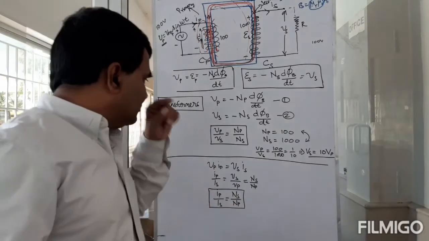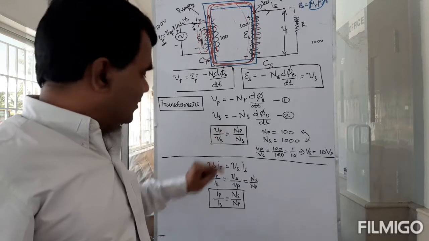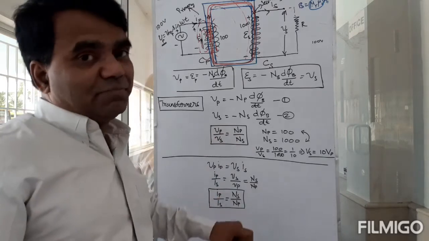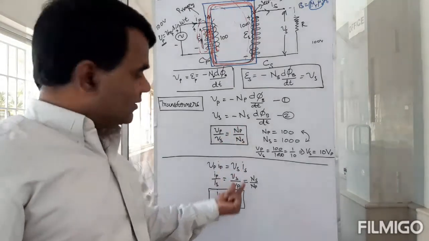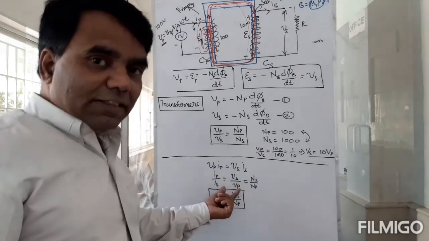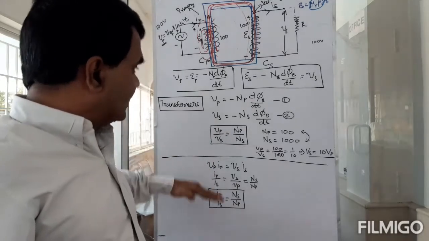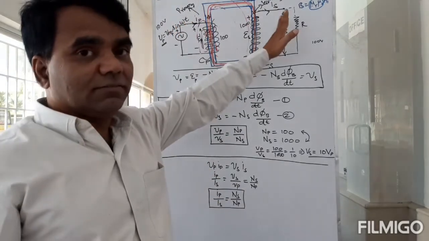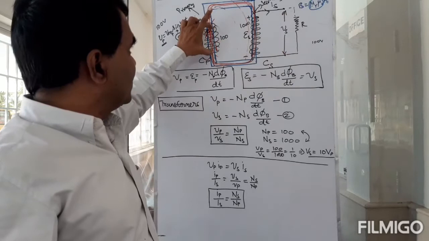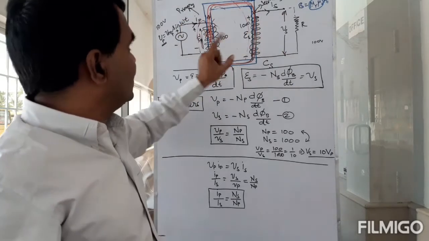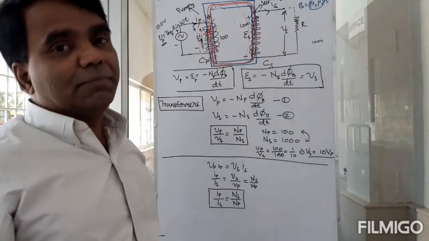You see here, Vp by Vs is Np by Ns, but Ip by Is is Ns by Np. This relationship is getting inverted: you get a reciprocal when you compare the current in this with the current in that. The voltage in this divided by the voltage in that is Np divided by Ns, but the current in this divided by the current in that is Ns divided by Np.